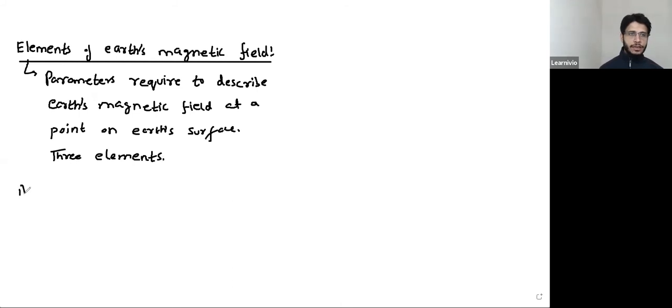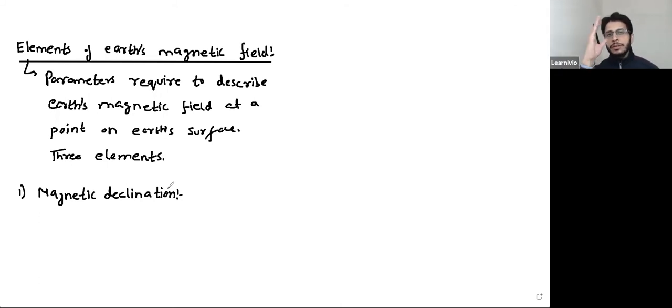The first element is magnetic declination. Magnetic declination is actually the error between the exact geographic north and the geographic north shown by your compass needle.